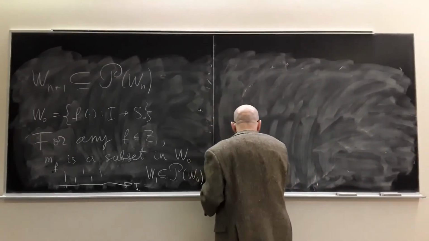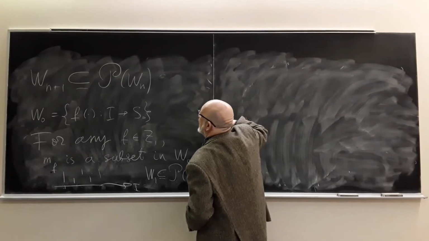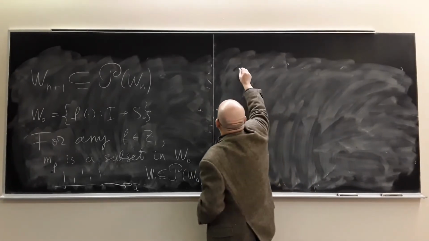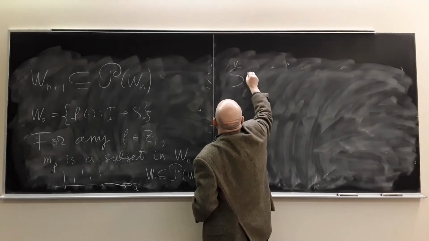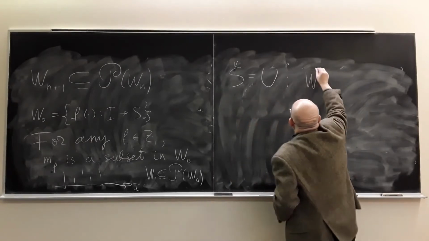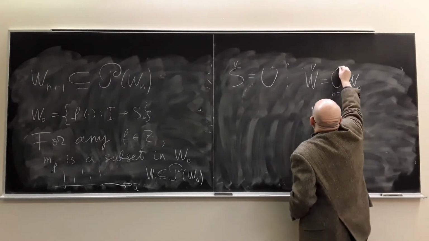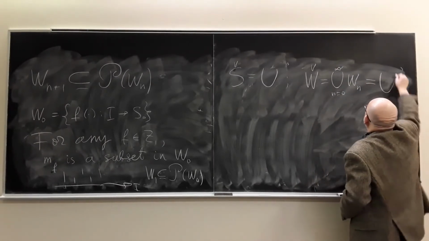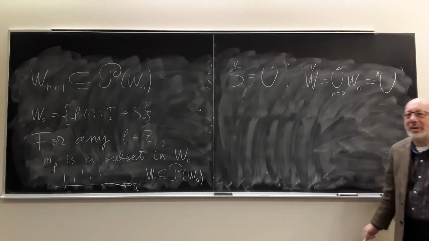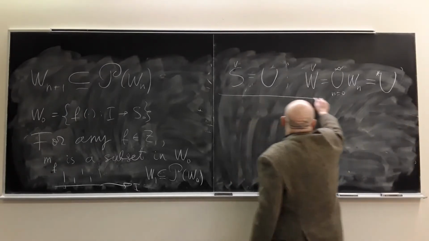So let me denote: S check is denoted by U, and W check, the union of Wn from 0 to infinity, we denote by U star. The star is written to the left, it is historical. In all books on non-standard analysis, the star is written to the left.